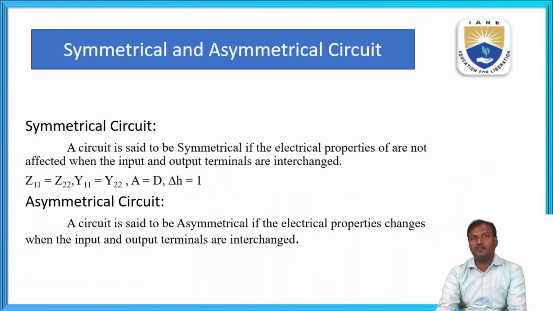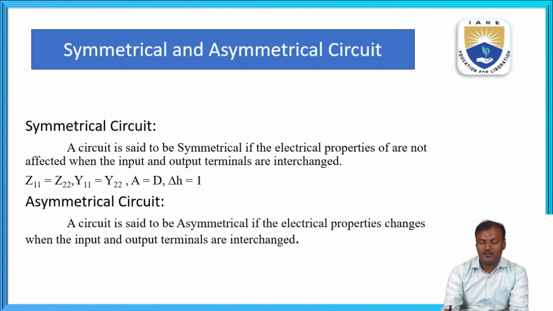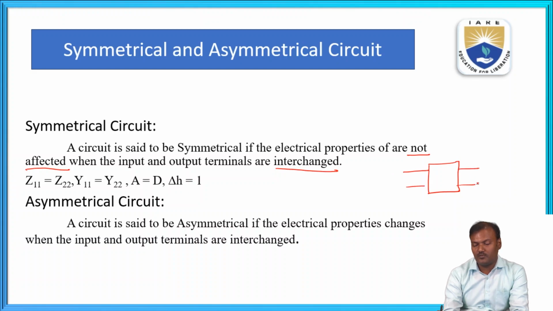Next one is a symmetrical circuit. A circuit is said to be symmetrical if the electrical properties are not changed or not affected when the input and output terminals are interchanged. That is, we consider a circuit, these are the input terminals and these are the output terminals.